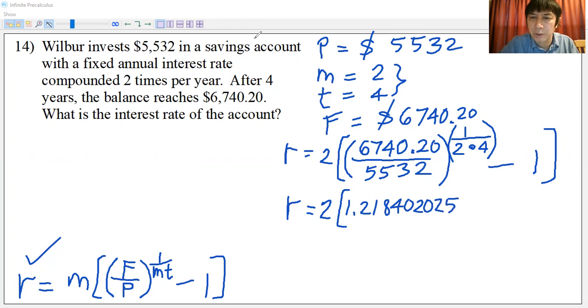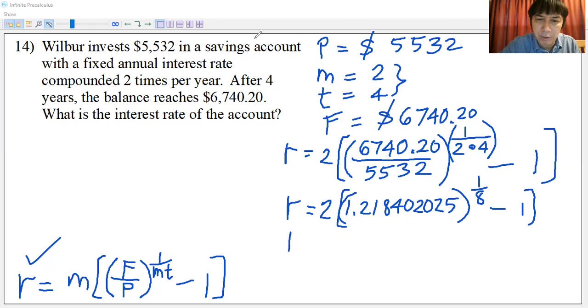And this number is now raised to the power 1 over 8, or 8th root. And then after that, minus 1 there. So this will be raised to the power 1 over 8 and then minus 1.